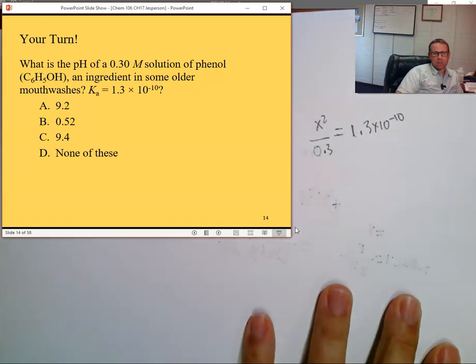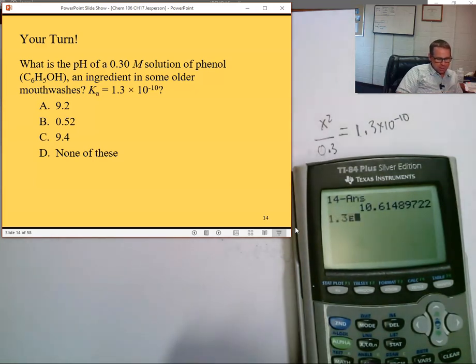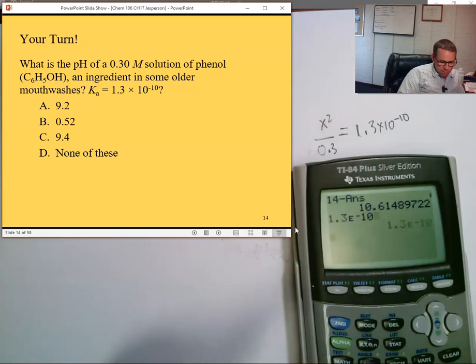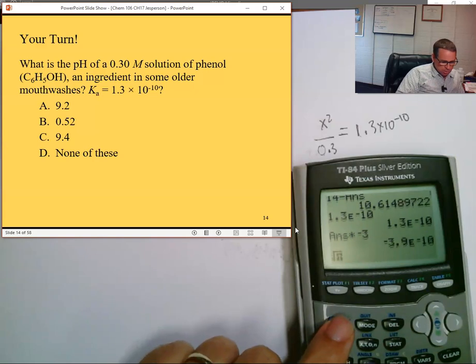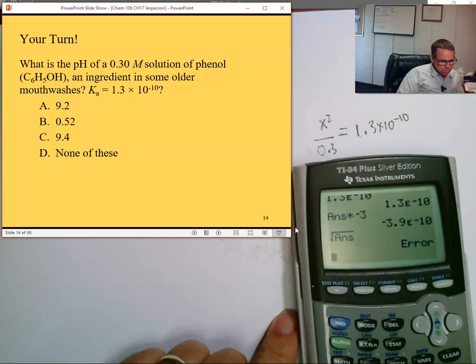Very good. So 1.3 times 10 to the minus 10 times 0.3, and then we take the square root of that value. Oh, what did I do? Oh, I multiplied by negative 3.